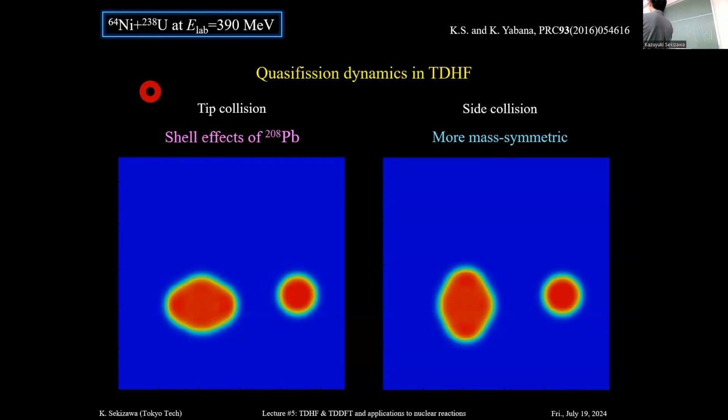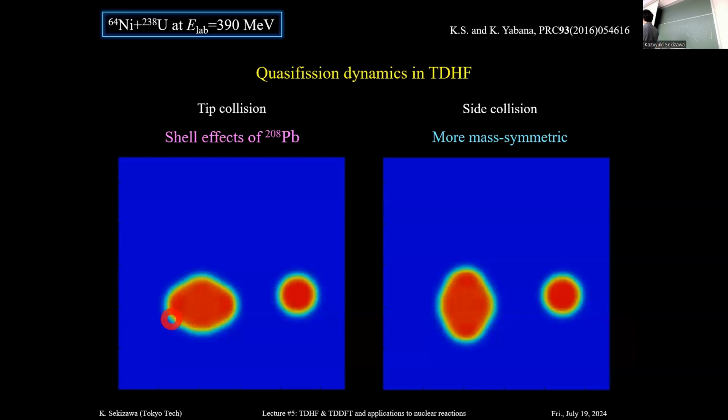So this is a case of collision of nickel-64 on uranium-238. Uranium-238 is actually prolate, like a rugby ball shape. So actinoids are deformed in this way. And in this case, since uranium-238 is deformed, we can change the orientation of the uranium-238.